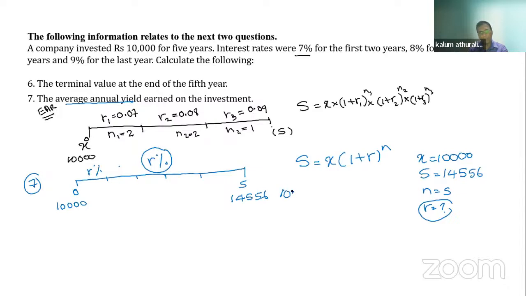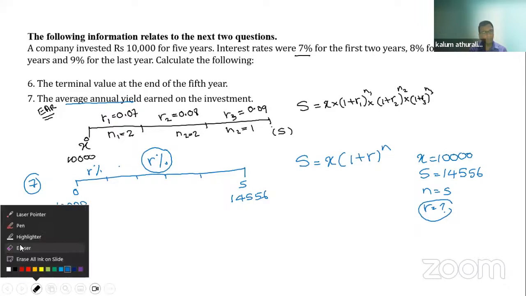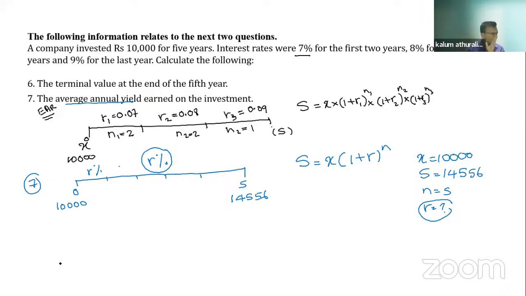So 14,556 equal X, which is 10,000, times 1 plus R. We don't know the value of R.